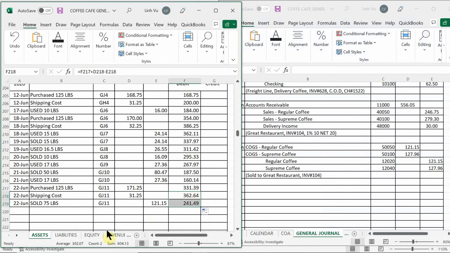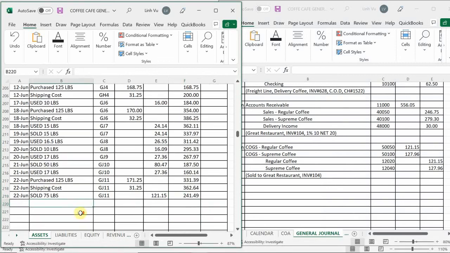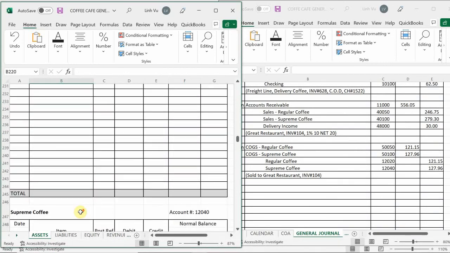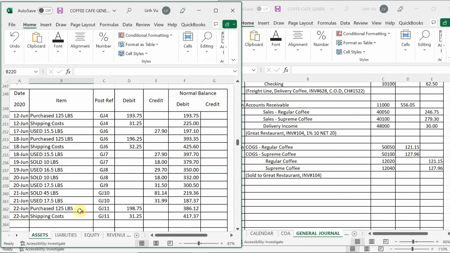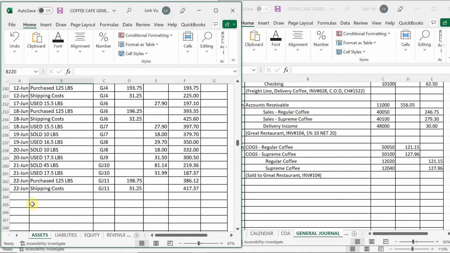Good. And then Supreme. Supreme was 127.96.